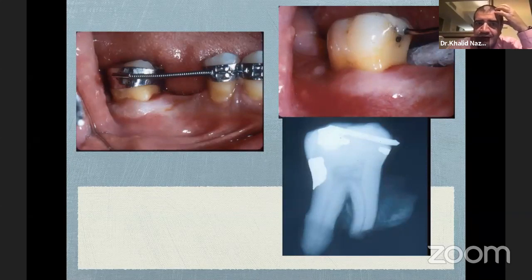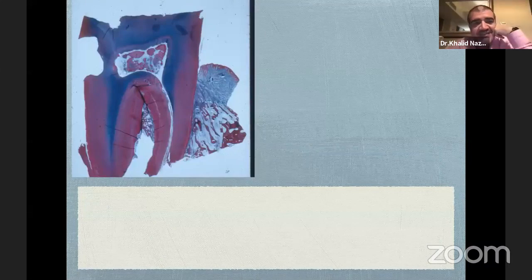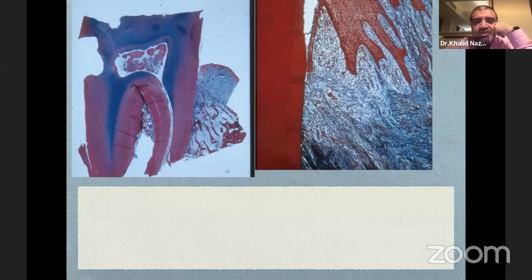Dr. Siebert died a long time ago, and this case was done in the 70s. You can never get an IRB approval nowadays for such a procedure. But the interesting thing is that you can see the new bone formation in the intrabony defect that was created.